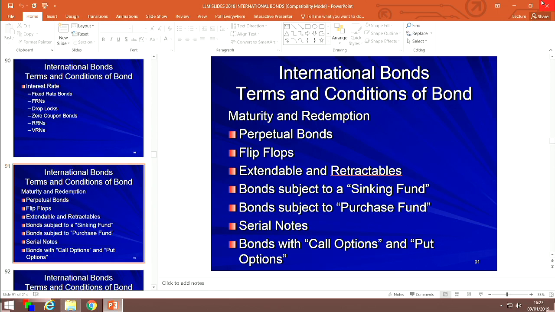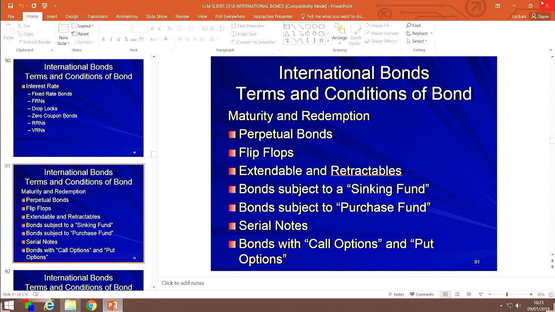Okay, so those are the basic formats of redemption. There are other clauses which are sometimes included which have an impact on redemption. Let's start with these, extendables and retractables.